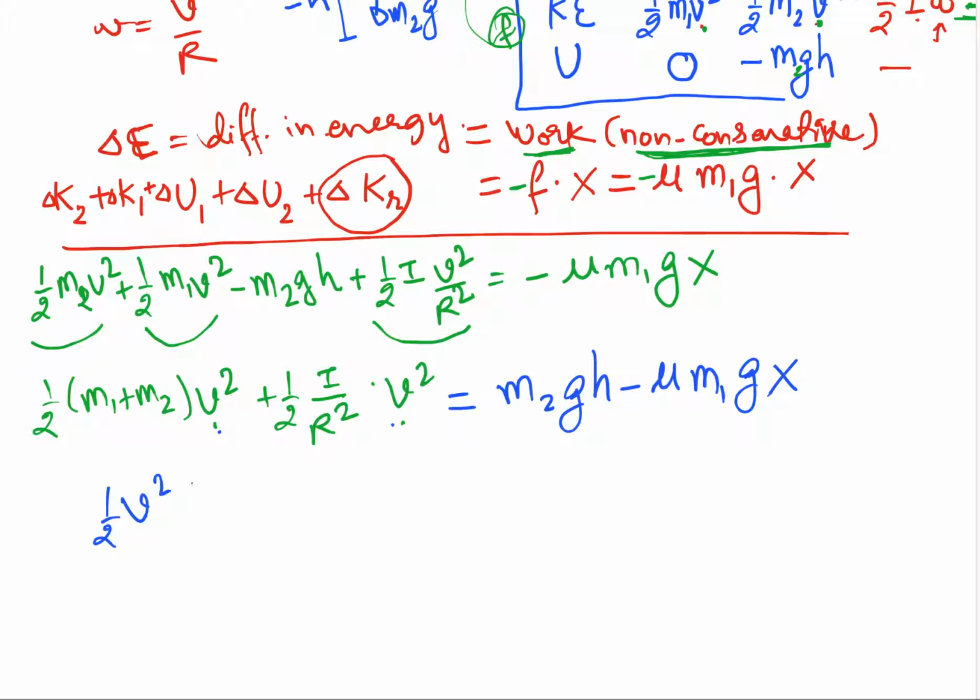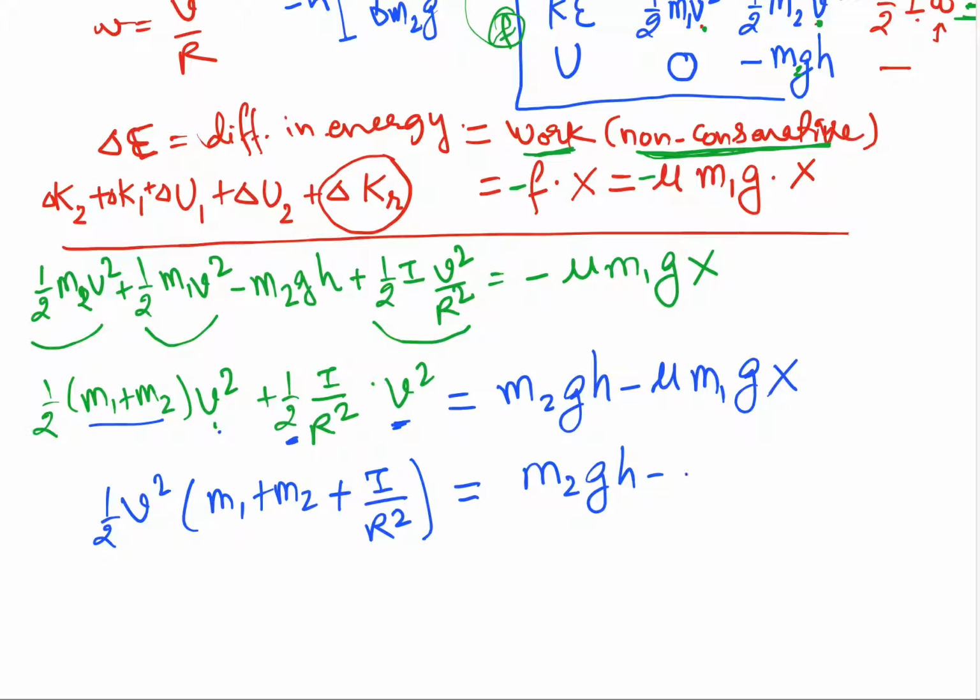Then that's going to leave me m1 plus m2, plus I divided by r square as the factor that's remaining, equals m2 g h minus mu m1 g x. If you want, you can take out the g, but I'm not going to do that.